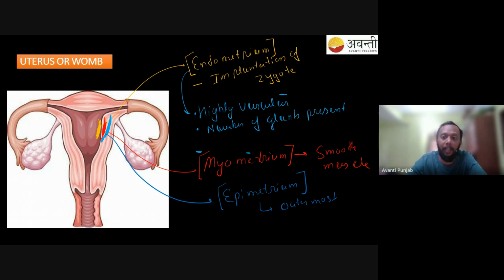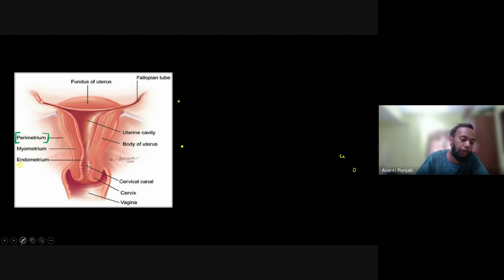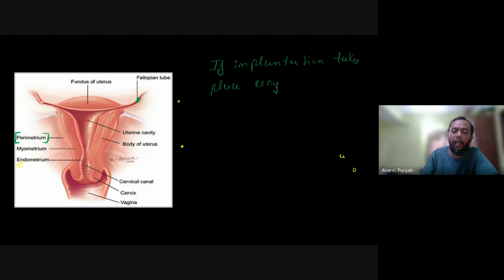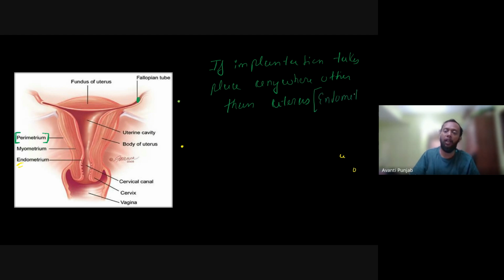If at all implantation takes place somewhere else, let's assume if implantation happens in the fallopian tube, ये बात अभी याद रख लो that if implantation takes place anywhere other than the uterus, bracket में endometrium यहाँ पे लिख देता हूँ, then such a condition is called ectopic pregnancy.